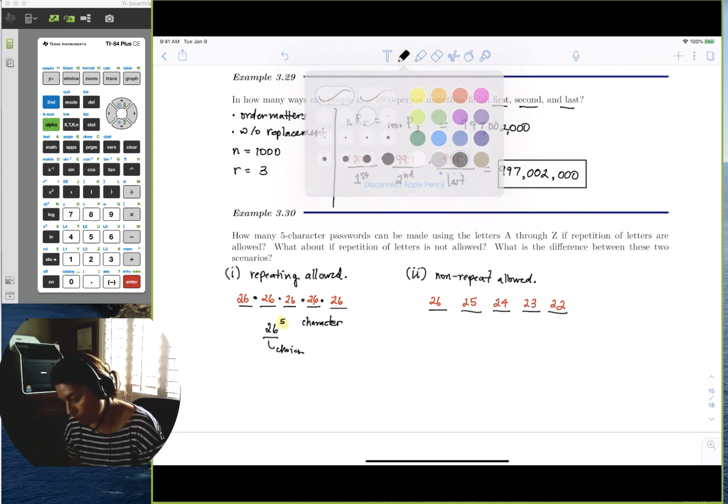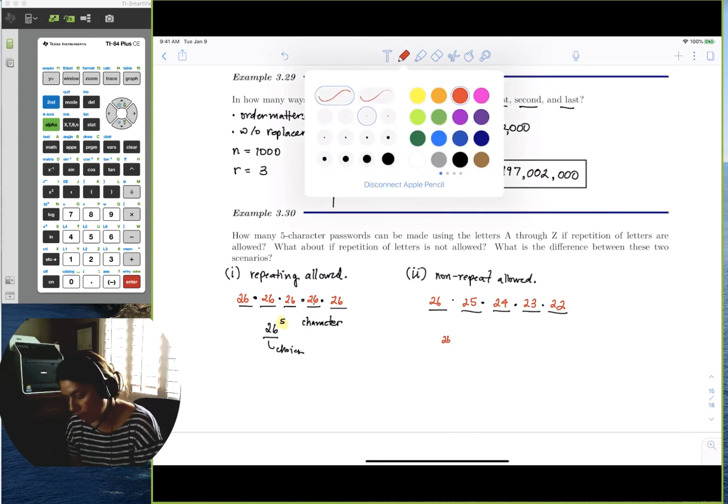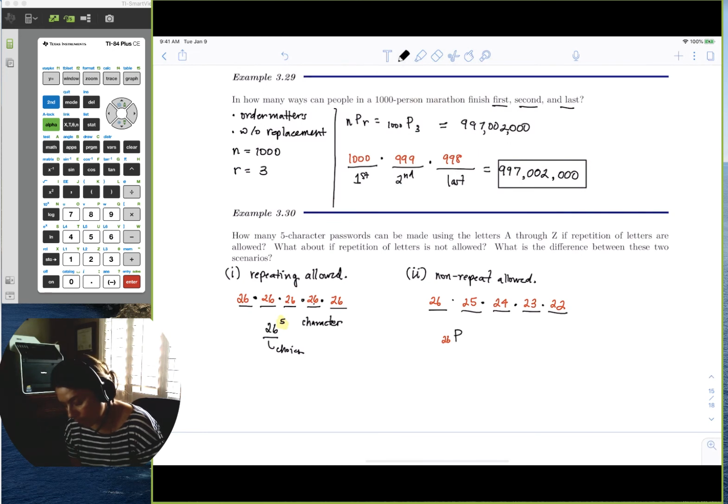And using the multiplication rule, we can just multiply. Another way to look at it again is to say, well, I have 26 choices and I'm going to pick only 5 of them to make the password. So this is a permutation because once again, it's without replacement, and order will matter.